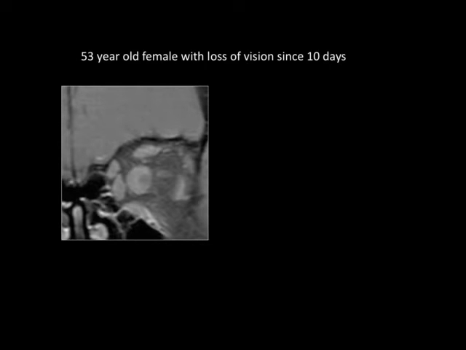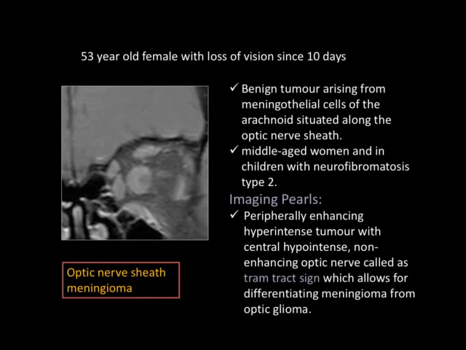This is optic sheath meningioma. It's a dural-based lesion, and you see the optic nerve very well. The optic nerve is preserved compared to optic nerve glioma, where the nerve will also enhance. That segment will enhance. This is basically seen in NF2 in children and otherwise in older females.